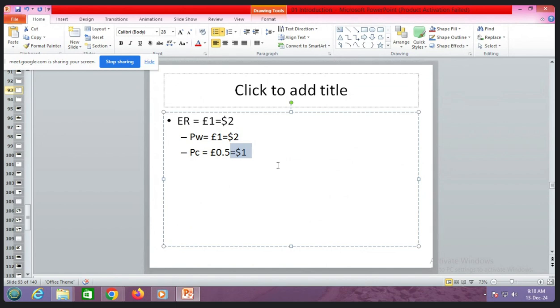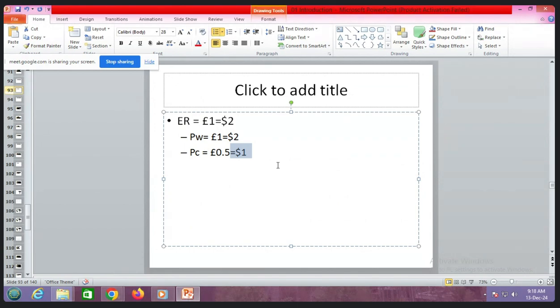So US is able to produce wheat cheaply in price terms, and UK is able to produce cloth cheaply in price terms. So what will US do? US is going to specialize in wheat. It is going to export the wheat and import cloth.